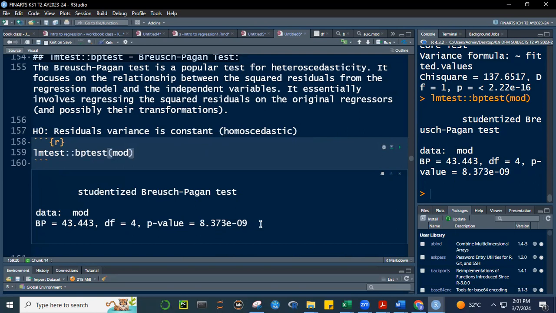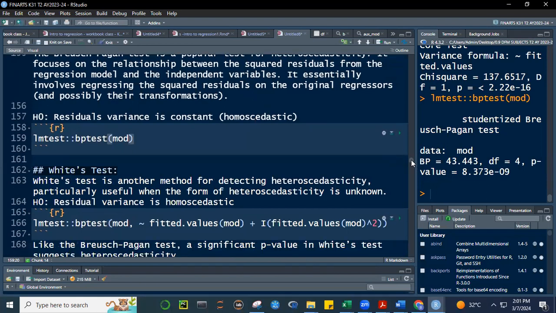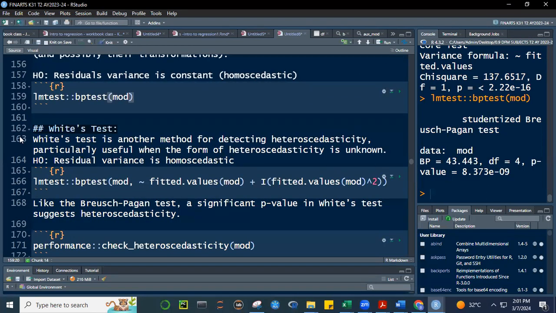The p-value is practically 0 also. So we also reject the null hypothesis that our residual variance is homoscedastic. So true enough, based on the NCV test and the Breusch-Pagan test, the residuals are heteroscedastic.